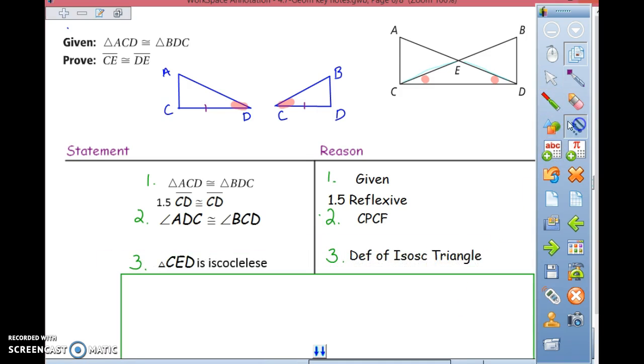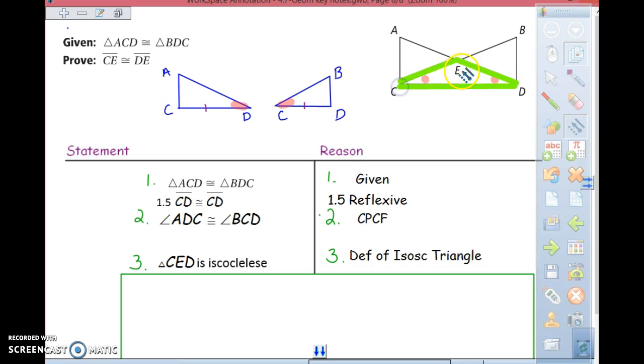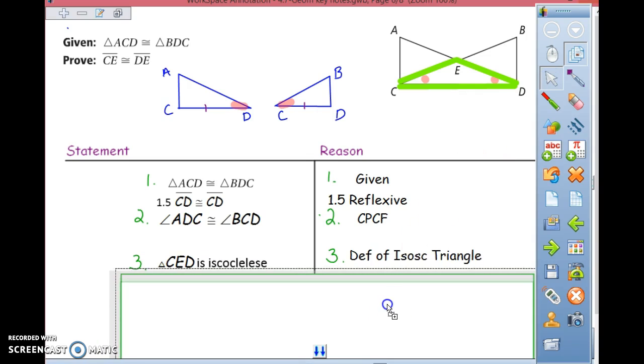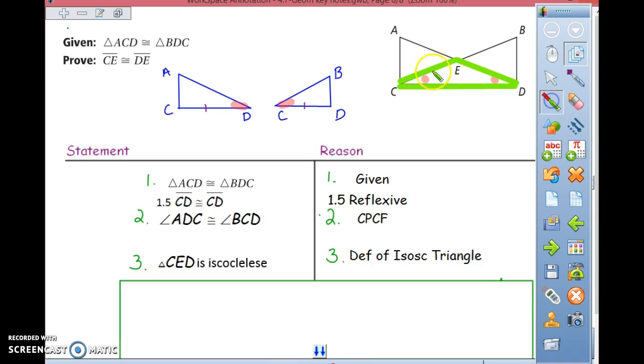Then what happens is I have this little triangle down here. And in a previous lesson, we knew isosceles means that the base angles are the same. So because those base angles are the same, the definition of isosceles triangle says that that triangle is isosceles. And again, what we're trying to do is get this side and this side congruent.